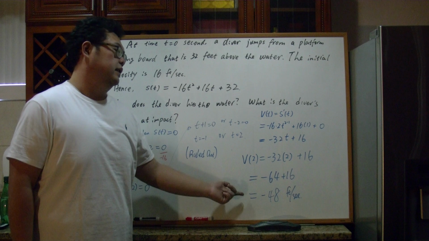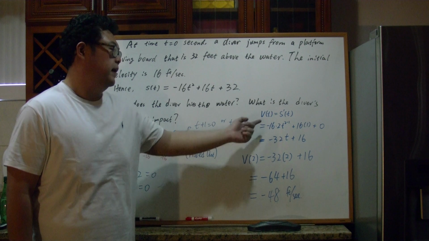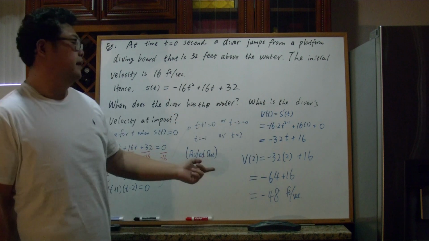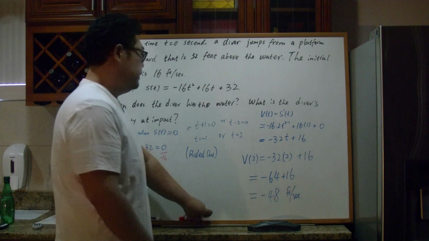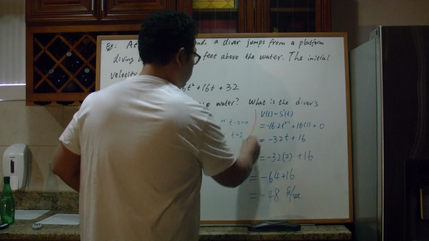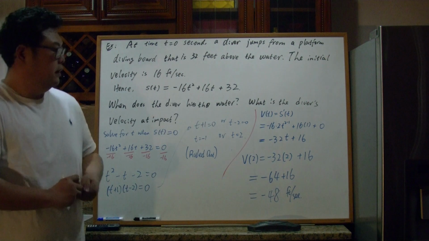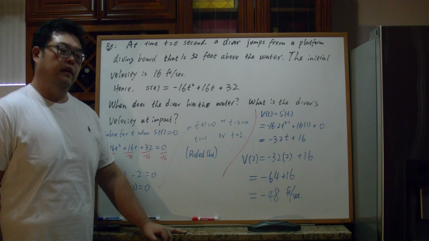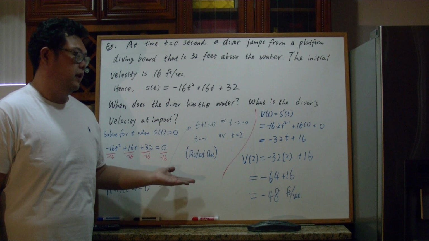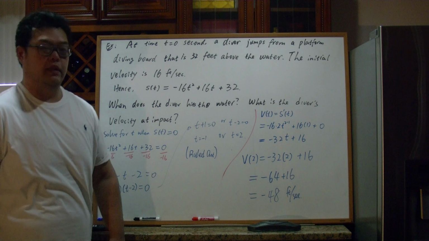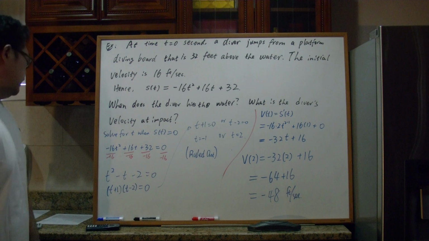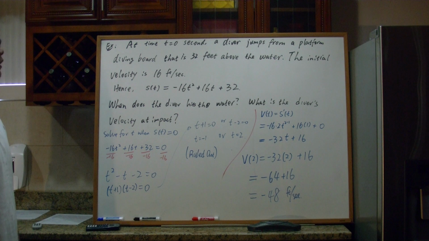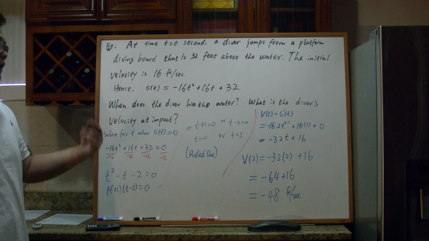We can find the instantaneous velocity by finding the derivative of the position function and substituting whatever time we find or is given. So that is position and velocity.